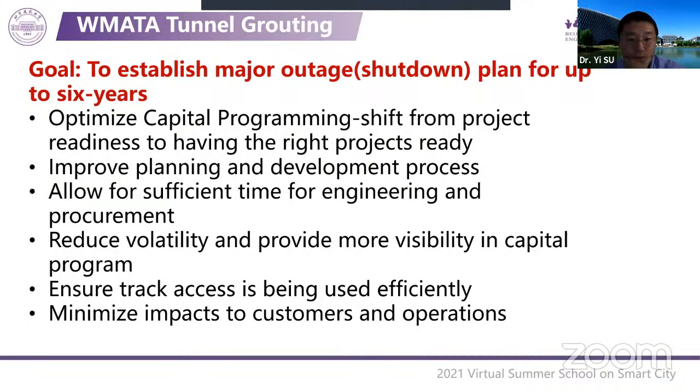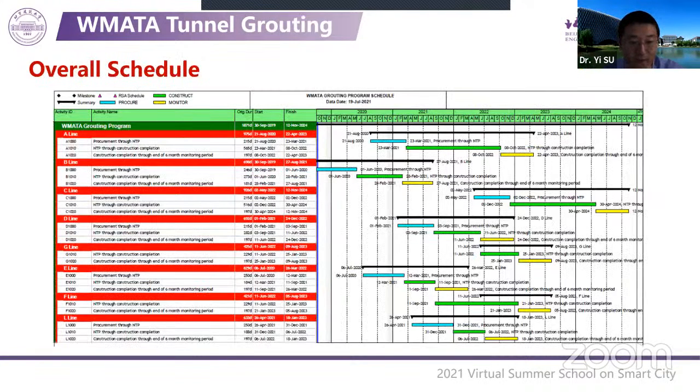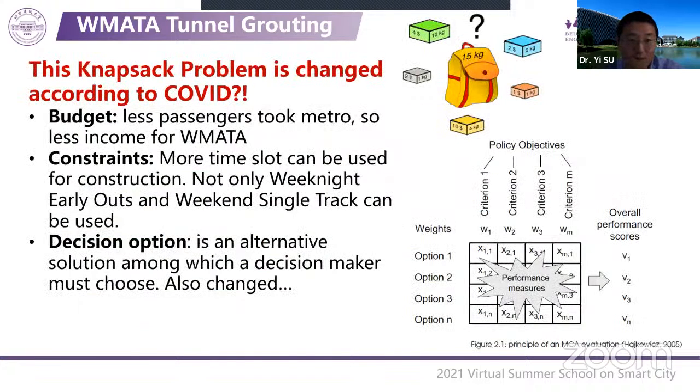So that's the schedule I made, but this is just a concept. I made this schedule before COVID. But things totally changed because of the COVID pandemic, regarding the knapsack problem.